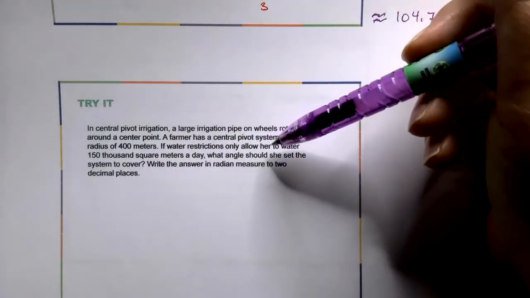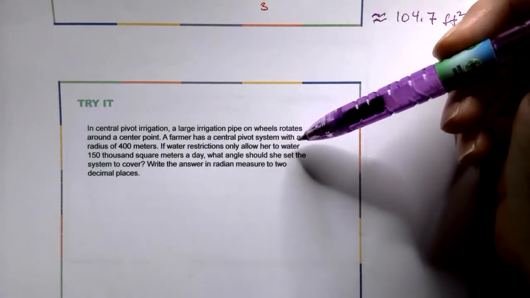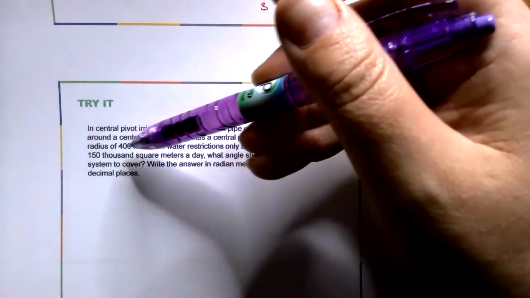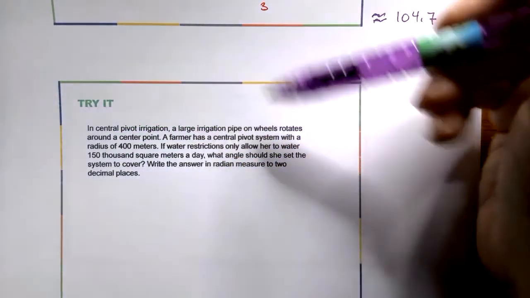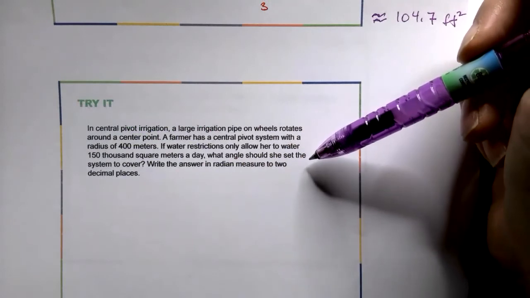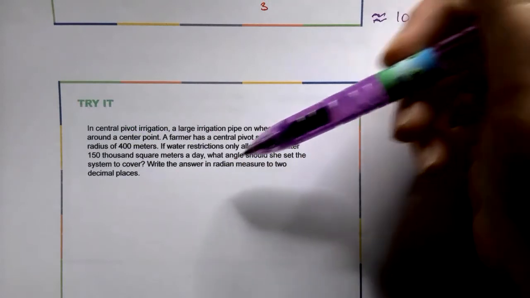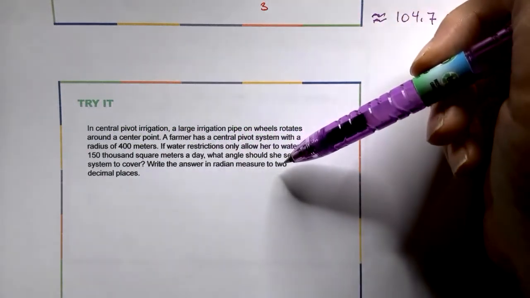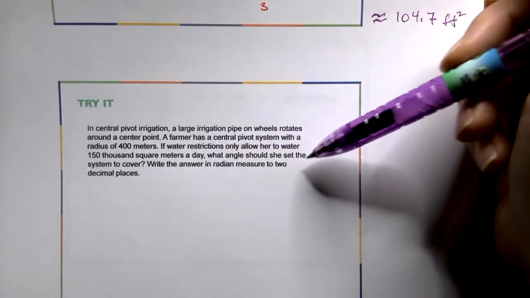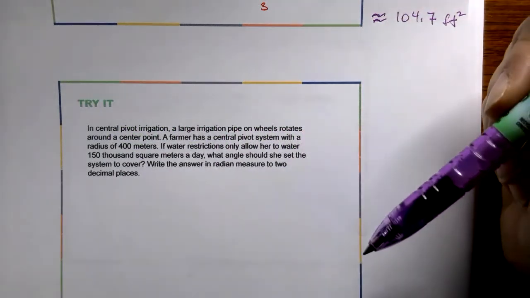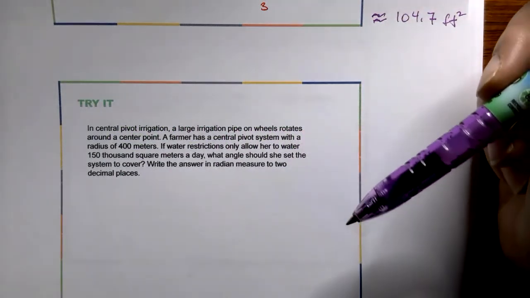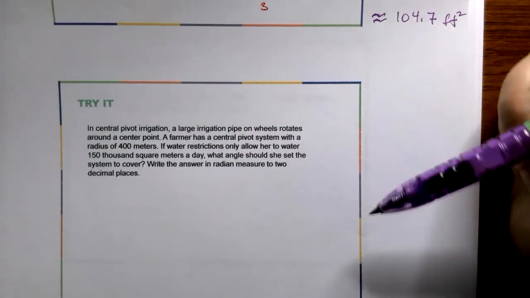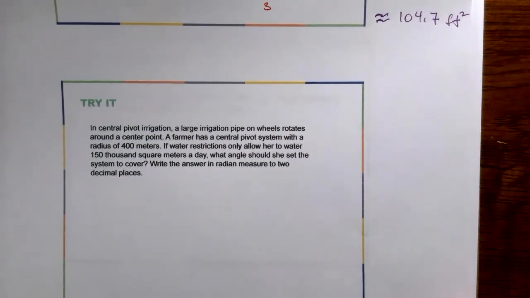If water restrictions only allow her to water 150,000 square meters a day, what angle should she set the system to cover? Write the answer in radian measure to 2 decimal places. So they tell you how to round it as well. Okay, so go ahead and set it up. I suggest you draw a picture first, label everything, and go from there.